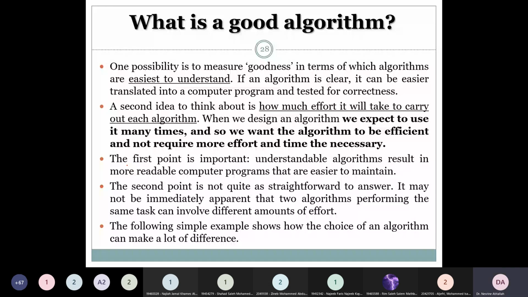Clearer, it means that it is not ambiguous. What else? Less complex, yes, we can say that.